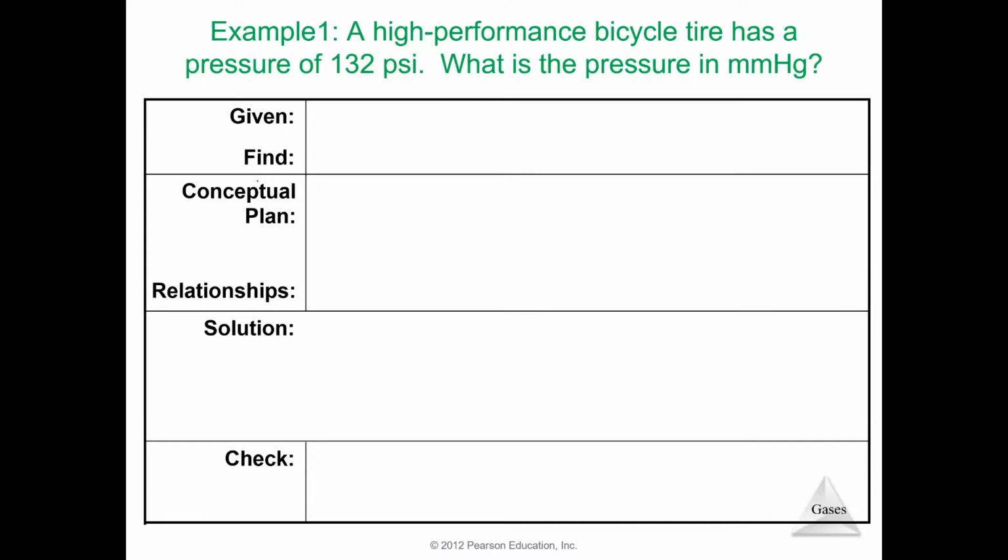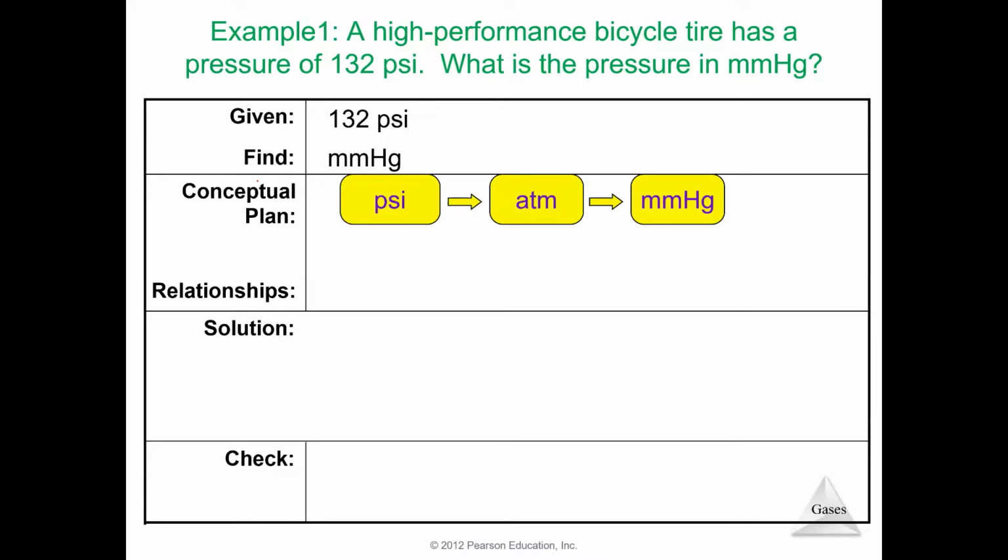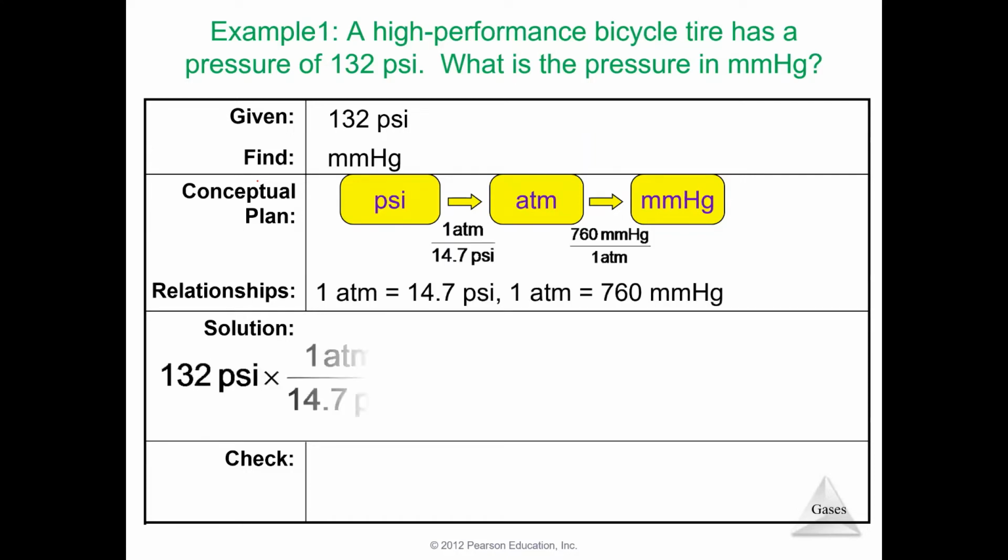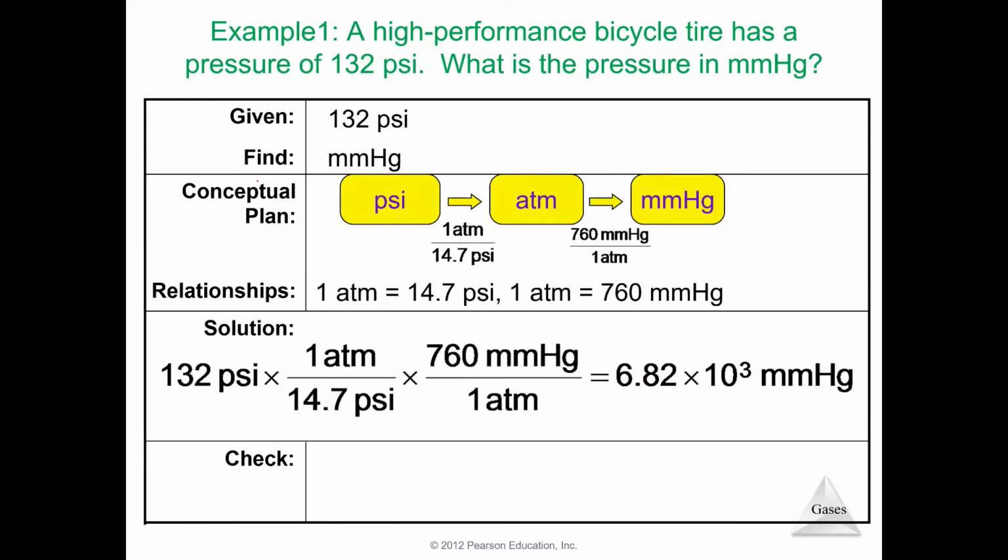What is the pressure in millimeter mercury here? It's a simple conversion. You have to go from psi to atmosphere, unless you have a conversion factor, then you can do it in one shot. But if you don't, then you have to take it one at a time. First convert to atmosphere, and then from atmosphere to millimeter mercury. You shouldn't have any problem with this type of conversion by now. Hopefully not, right?